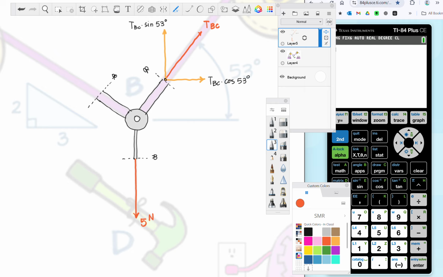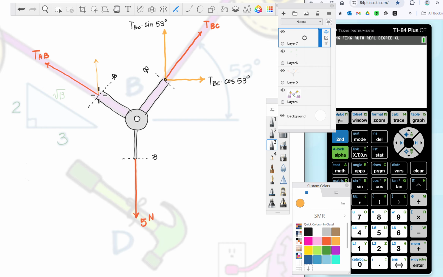And on the other side, I of course have another unknown tension force, which I'll call TAB, the internal force inside that segment of the cable. And it is inclined at a 2 over 3 angle. So I'm going to do my Pythagorean theorem really quickly. So 2 squared is 4, 3 squared is 9, 4 and 9 sums to 13. And so this hypotenuse is root 13. Breaking my TAB into its components, right?